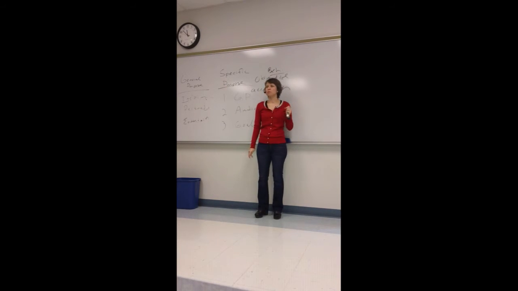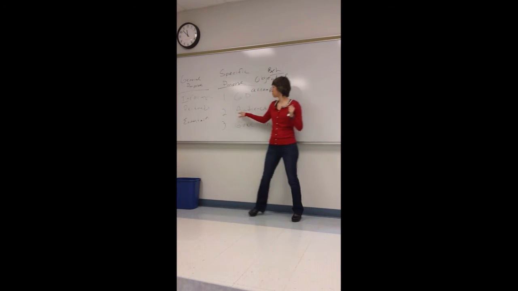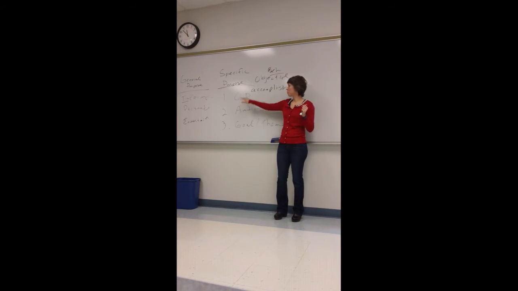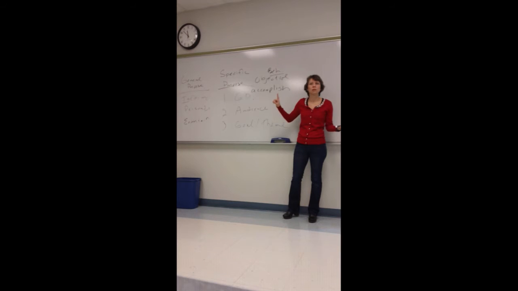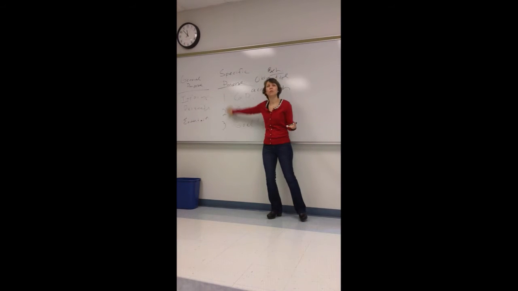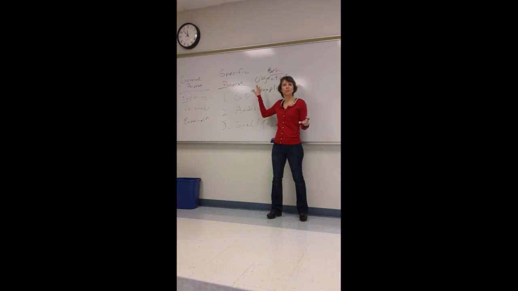So I am going to inform you of the castles in Ireland. Okay, I'm going to inform you of the castles in Ireland. Have I incorporated all of these three things within one sentence? Yeah. That is a specific purpose. That's an objective. That's what you're going to accomplish. That's it. That's all you have to do.